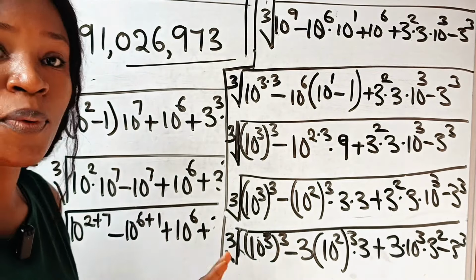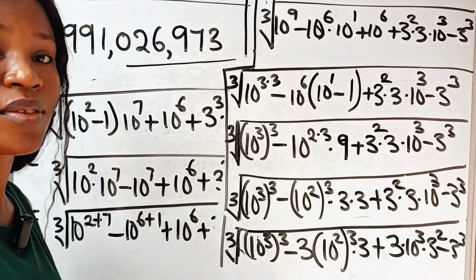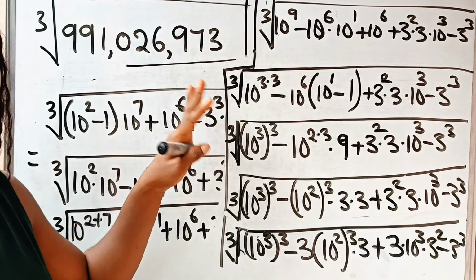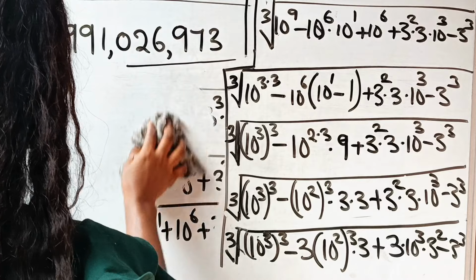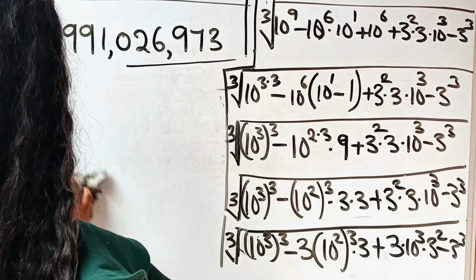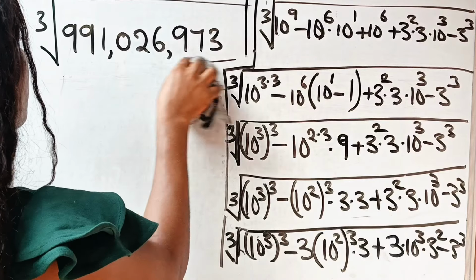Okay, at this point, trust me when I say we are done. The difficult part is over. Yes, because I want you to remember this algebra identity.